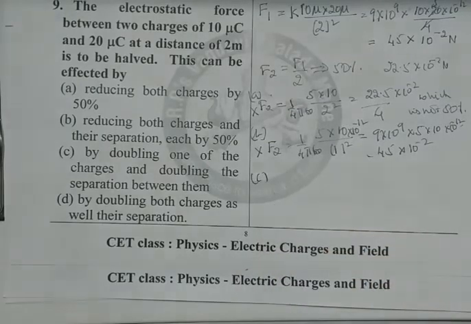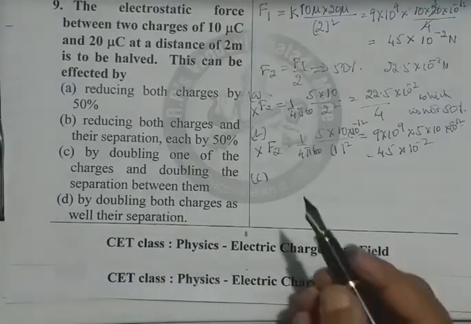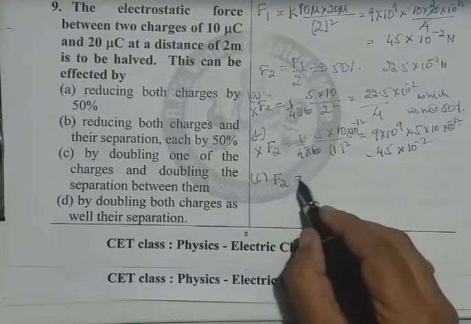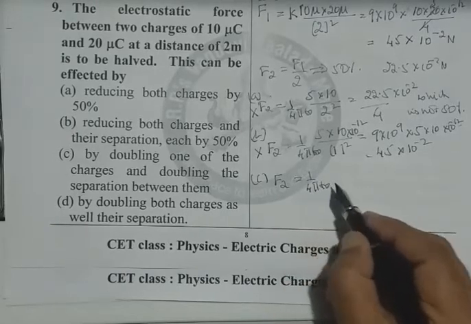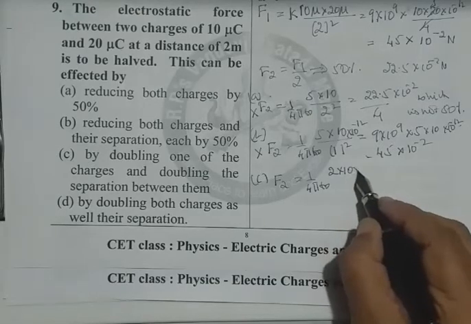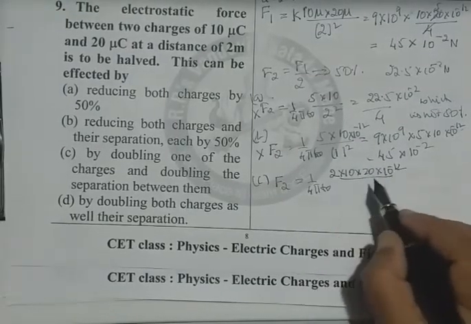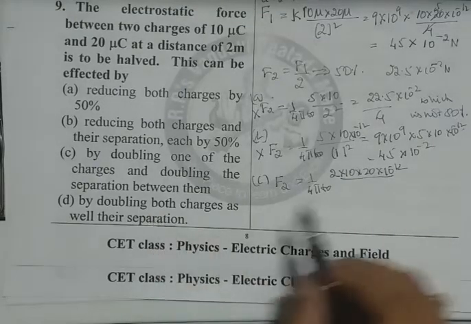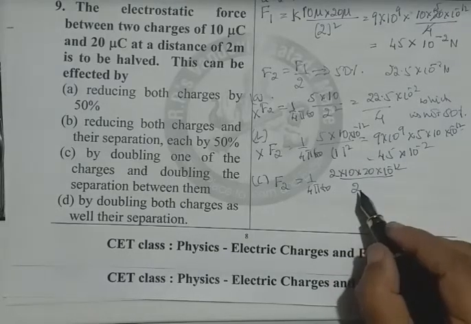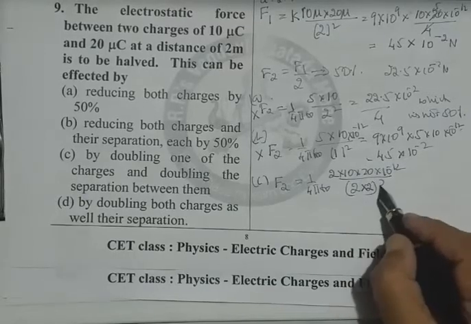We go for C. By doubling one of the charges and doubling the separation between them, we try this. F2 according to C is 1 by 4 pi epsilon naught, doubling one of the charges means 2 into 10 into 20 into 10 raised to minus 12, divided by doubling the separation, which means 2 into 2 whole square.